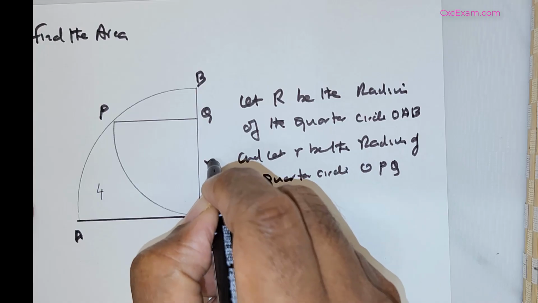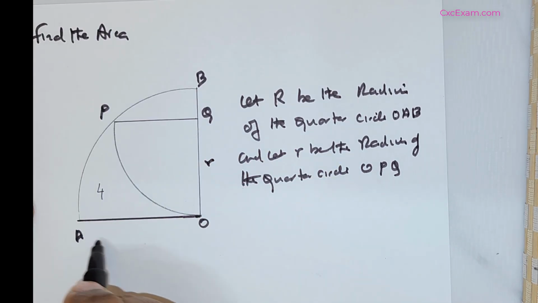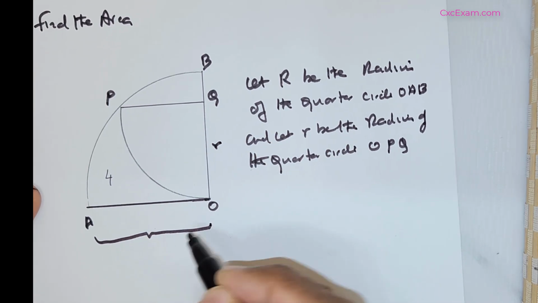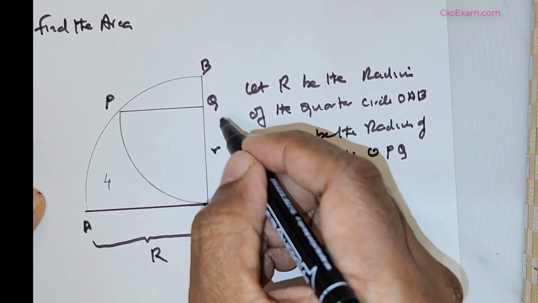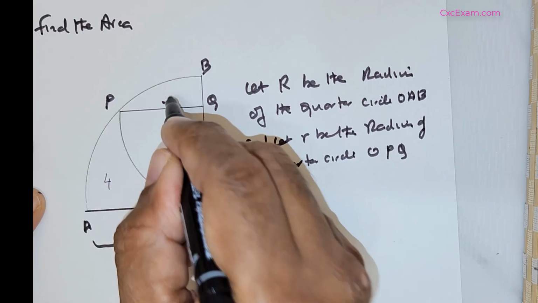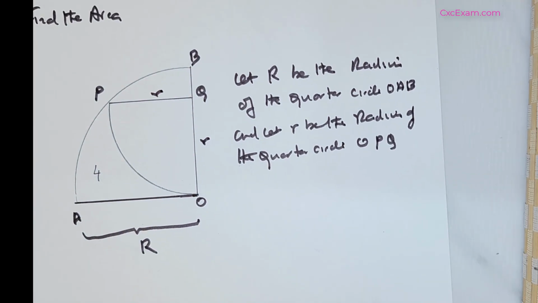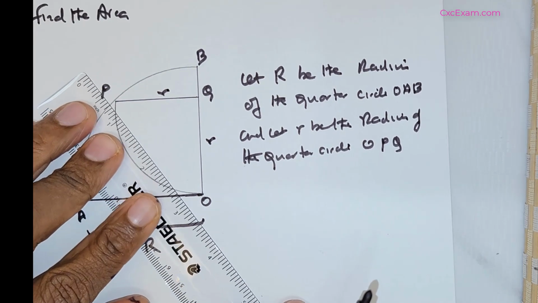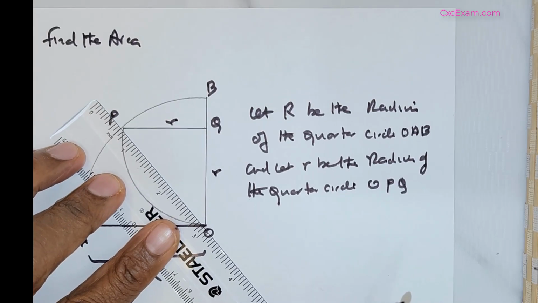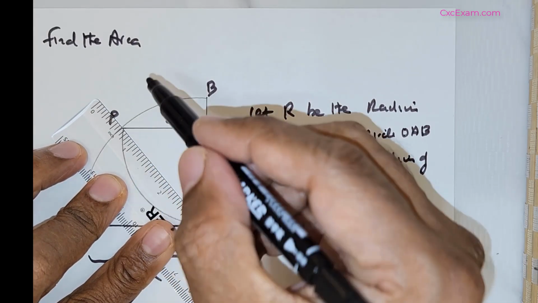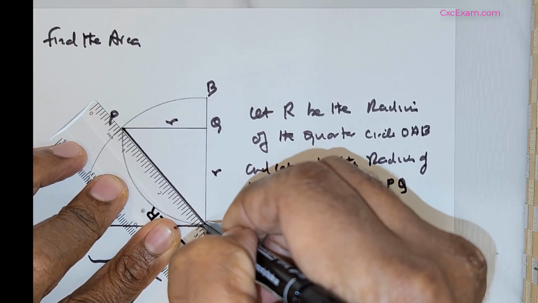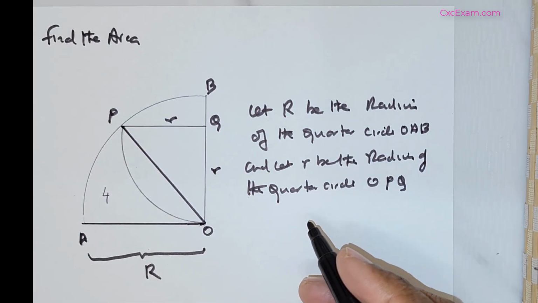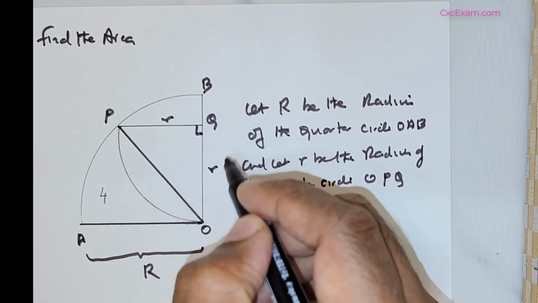So this radius, this entire length, is capital R. Now if this is R, definitely this should be R, and I can connect P with O, right? So this is a right triangle.